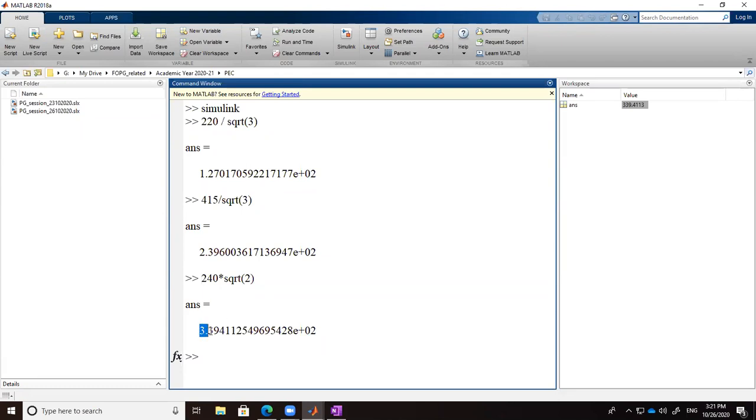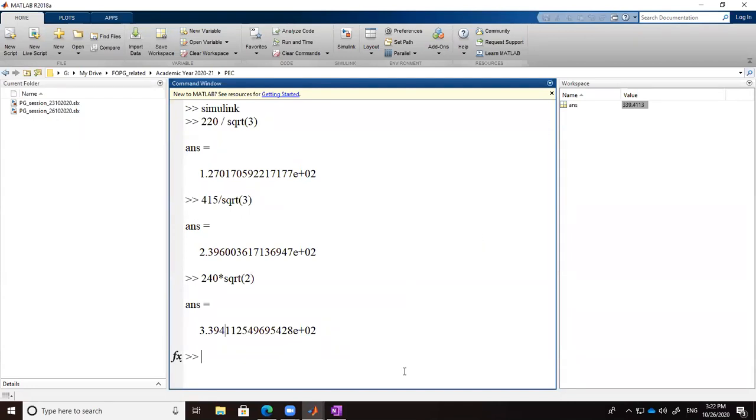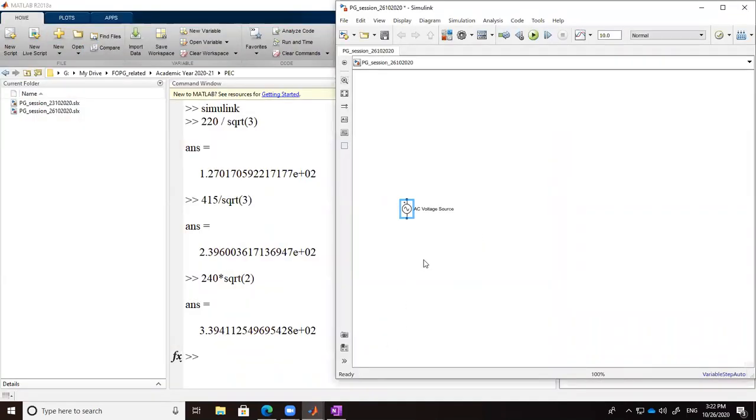So I get 339.4, right? So I will substitute that value, 339.4. Frequency is going to be 50 hertz because 50 hertz is the standard supply in this country. And sample time, as I said, you can set it to 100e minus 6. Fine. So this is one phase.